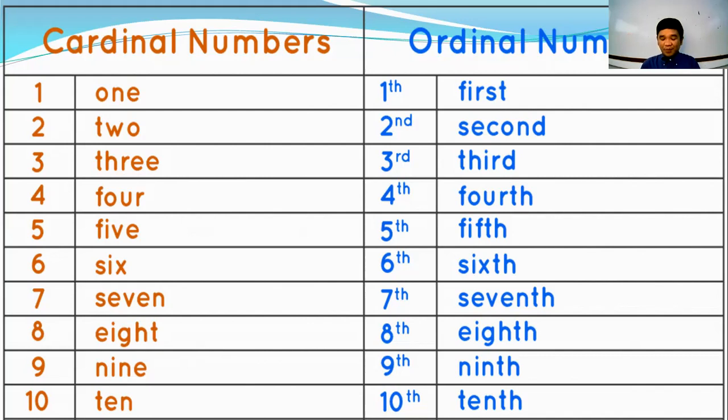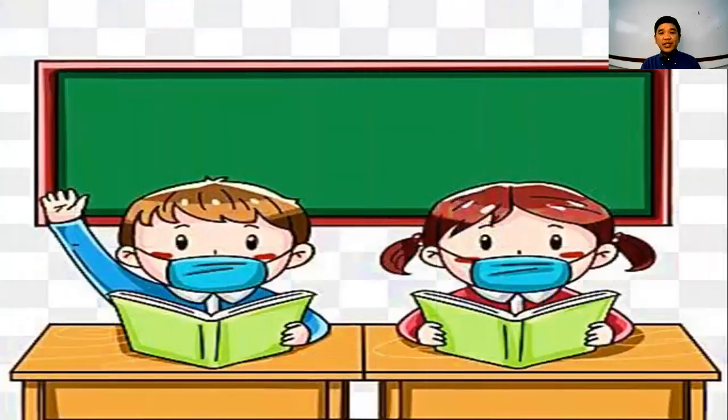All right. So before we end our lesson for today, let's have an activity. Teacher Marvin is going to give you a cardinal number, and then you have to answer with an ordinal number. Are you ready? Okay, let's begin.